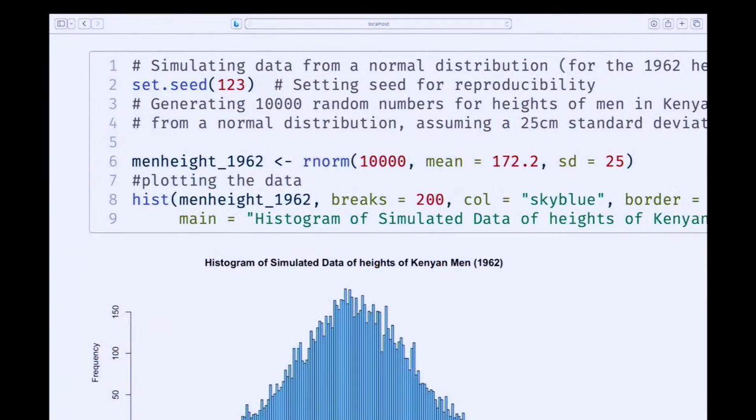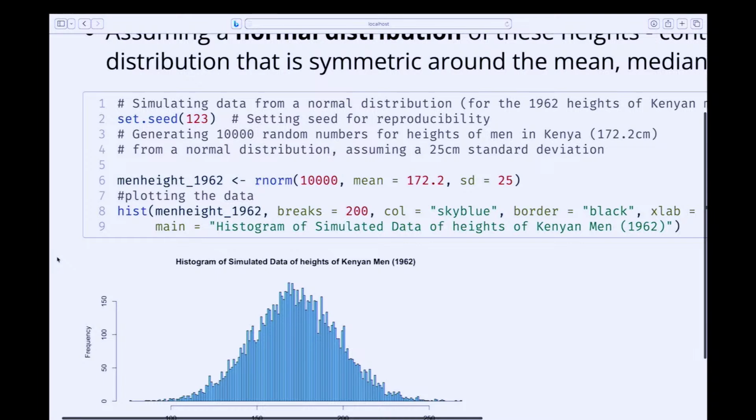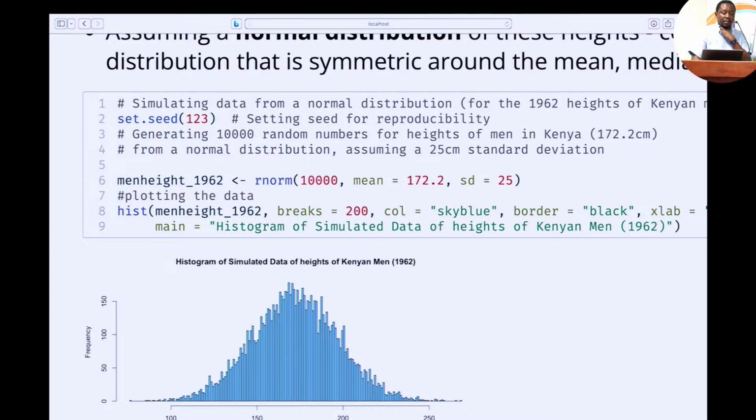The reason you are using this set seed, have you come across that in the lectures yet? Yeah? If you want to have it repeatable, you do need to have that code. So here we are assuming that we want to generate 10,000 random numbers for heights of Kenyan men that has an average of 172. You want that from a normal distribution, and you assume, say, a 25 centimeter standard deviation.